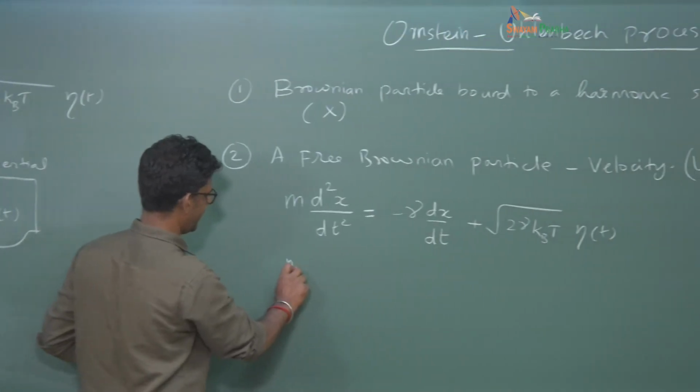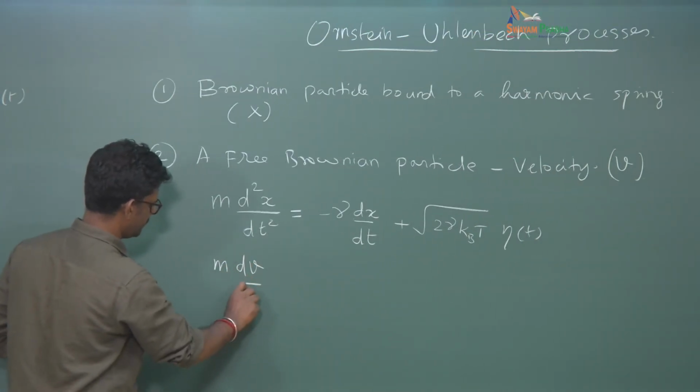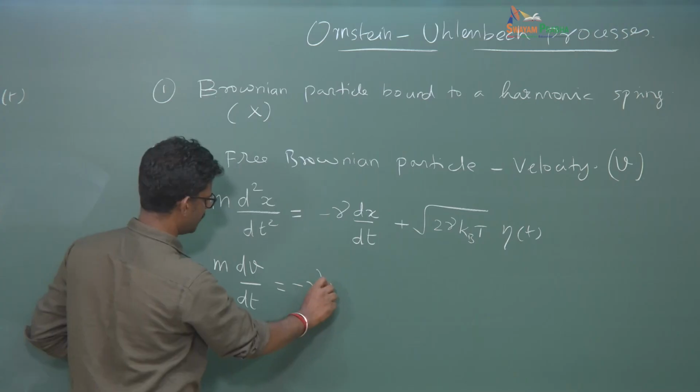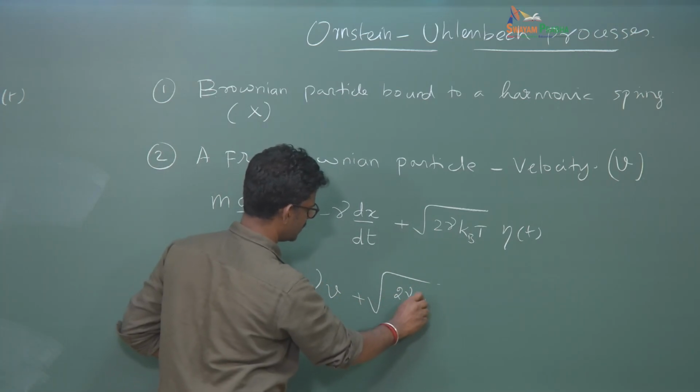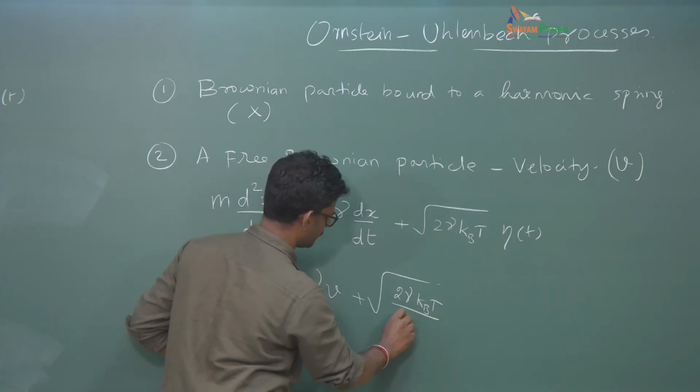So you would write m dv by dt is equal to minus gamma v plus square root of 2 gamma kBT by m square.